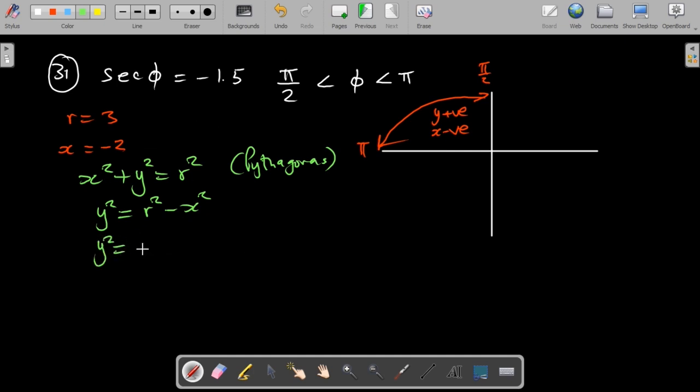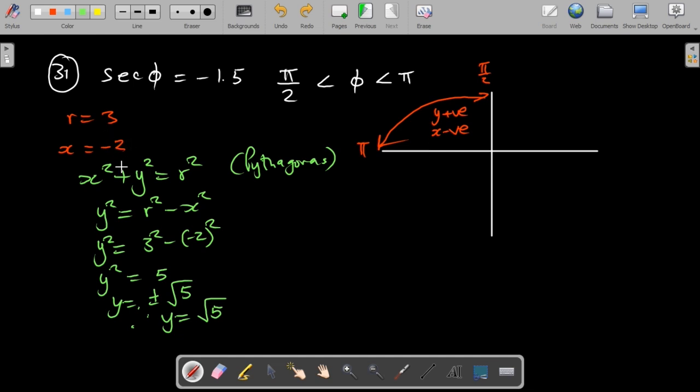So y squared equals 3 squared minus 2 squared, so this is 9 minus 4, and that should give you 5. So y squared equals 5, y equals plus or minus square root of 5. Therefore, y equals the positive one, because we've established that in that region, y is positive. So this is our y.